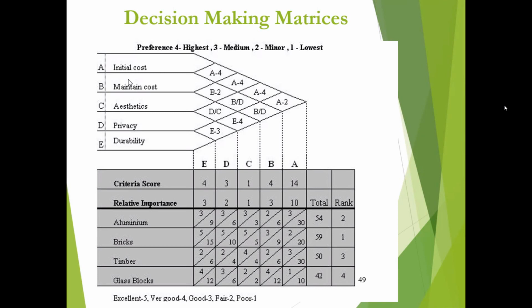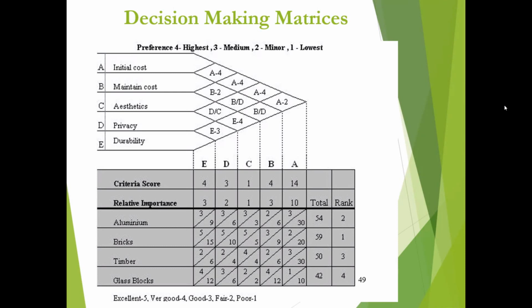When you compare the initial cost with the maintenance cost, you get the scoring on this line. Then when you compare the maintenance cost with all the other 3 criteria, the scoring will be here. Aesthetic compared with 2, so the score is here. And similarly, privacy is compared with the durability, and there is 1.